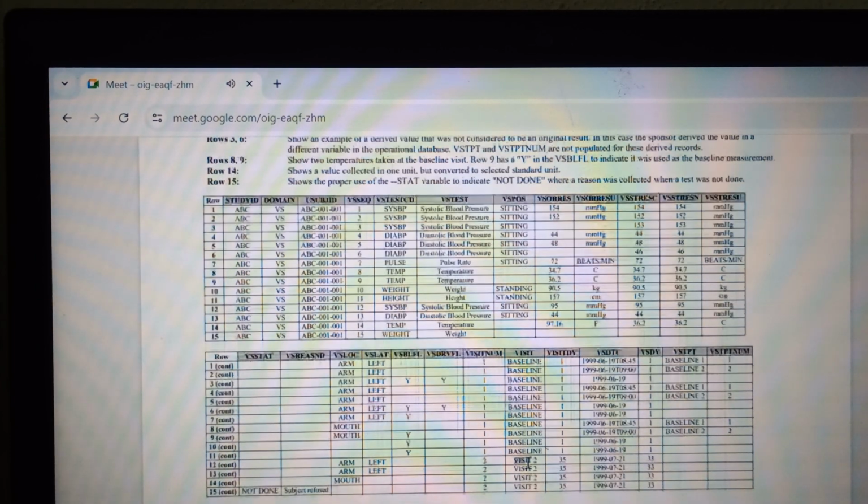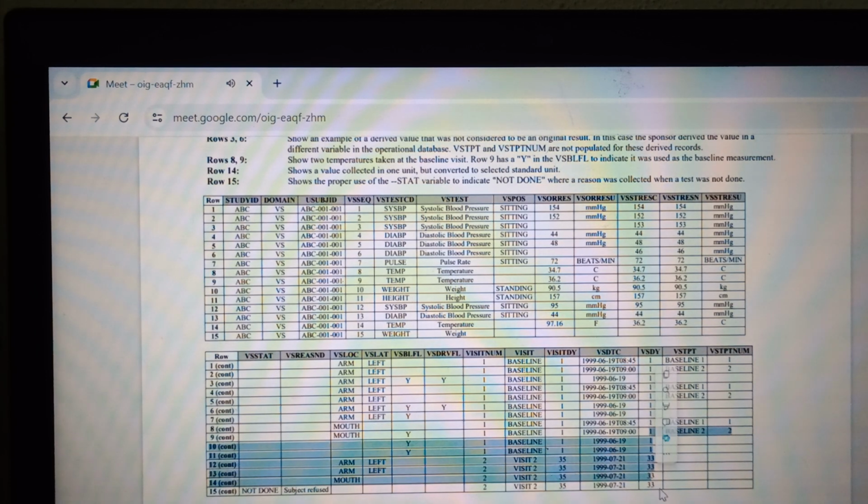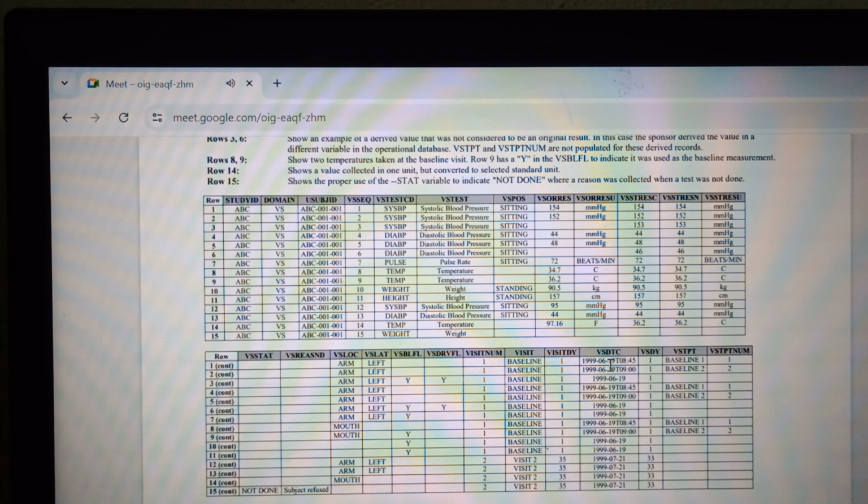So for visit 2 it's planned for 35 days, I mean after the baseline visit on day 1, the next visit after 35 days is supposed to start as visit 2. Yes, so this is as per planning. But VSDY says on which day the vital signs were actually captured. If you can see this, it's actually day 1, and then this is planned for 35 days, but it actually happened on the 33rd day. Okay. Yes, sir.